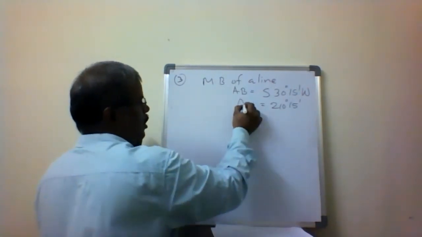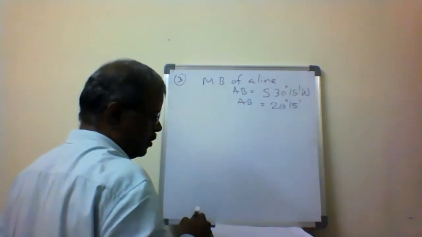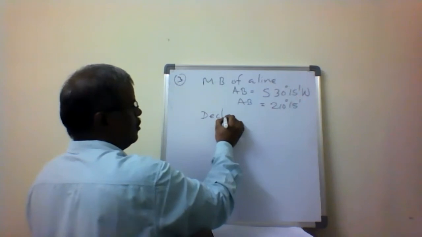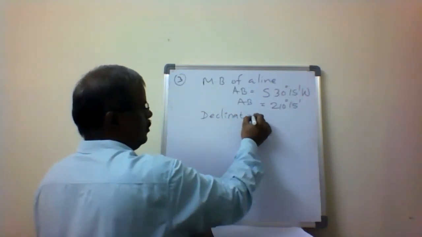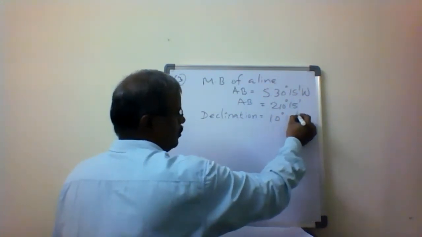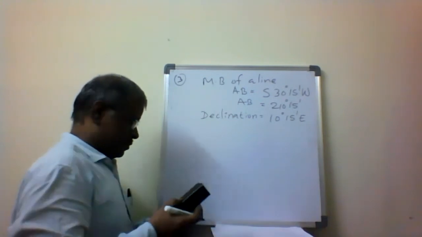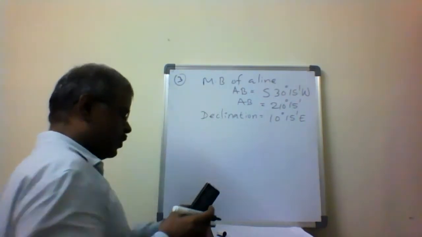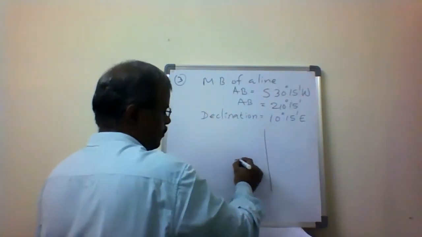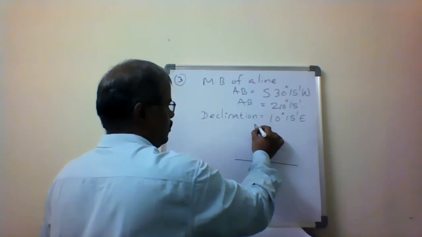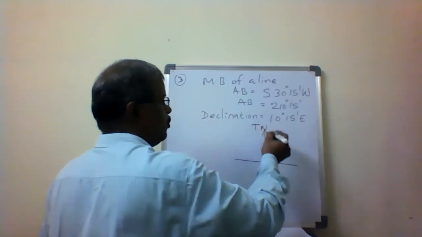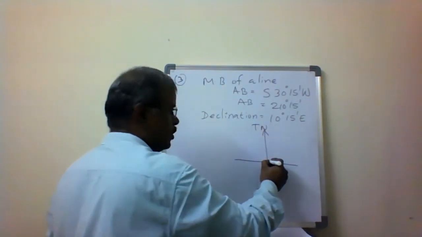So the magnetic bearing of the line AB is given, and the declination is also given. Declination equals 10 degrees 15 minutes east. Now if we draw a diagram: true north, and the declination of 10 degrees 15 minutes is given.